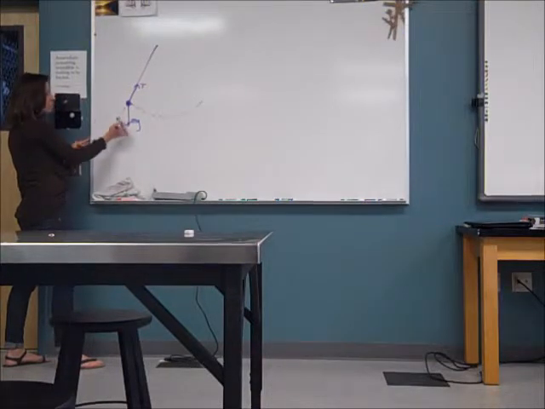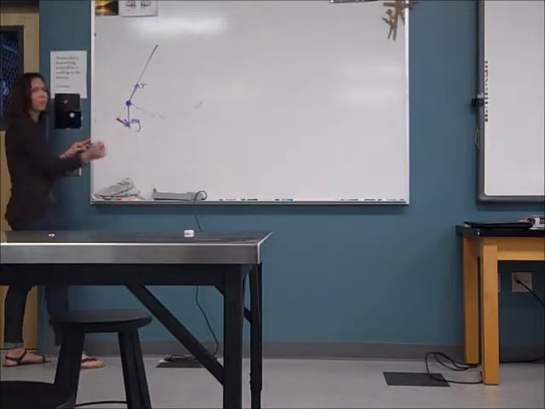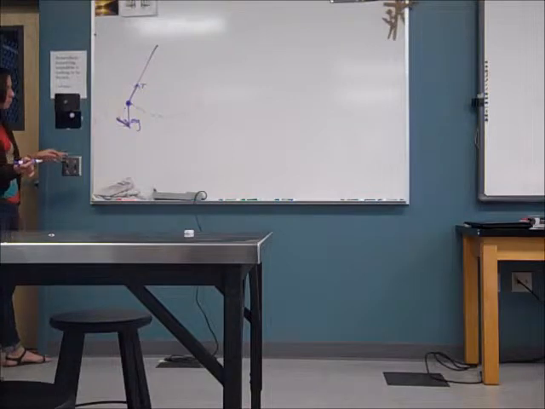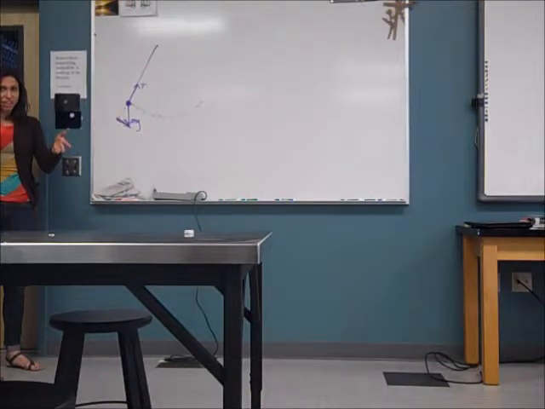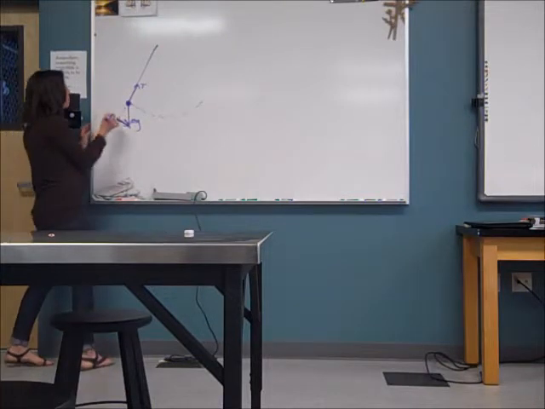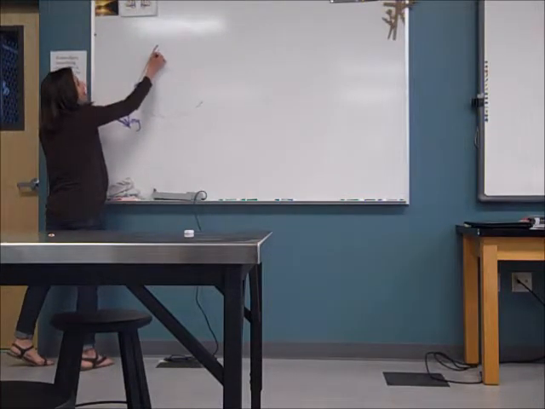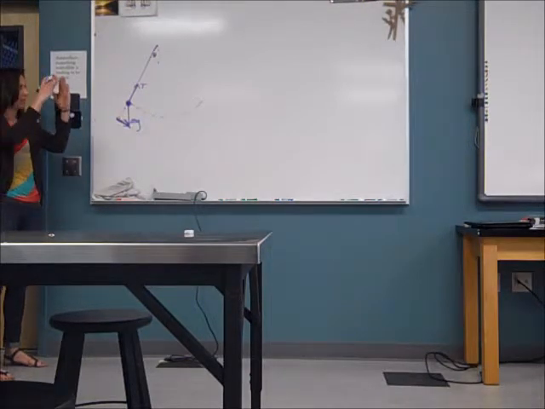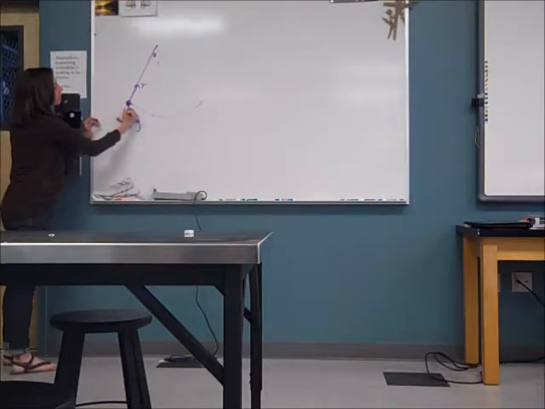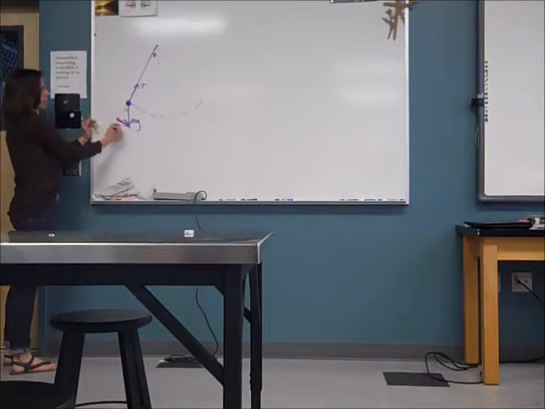This is the tangential component of my gravitational force. But here's the thing, it's changing, right? Because if this is the angle that the pendulum is at that instant, then this is also that angle. And this is mg sine theta.